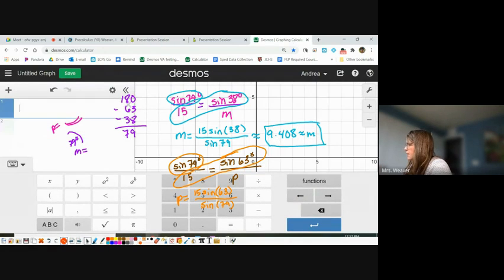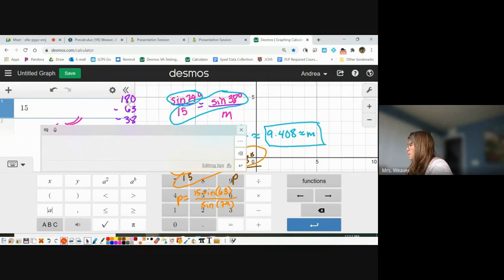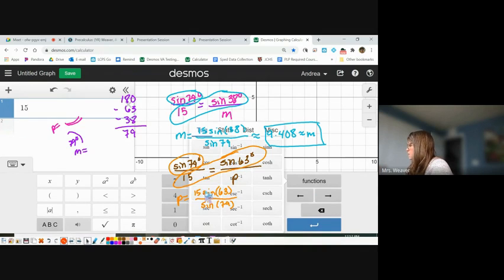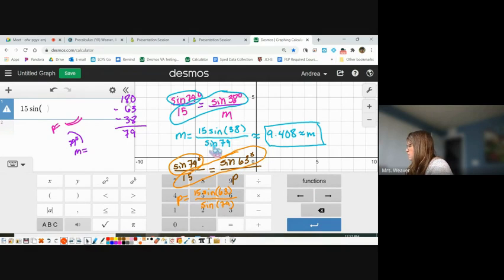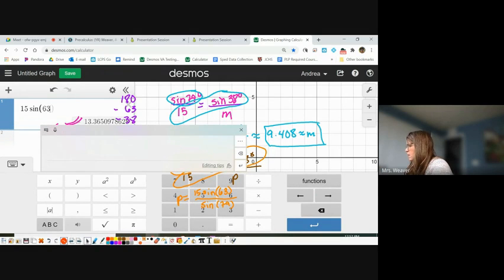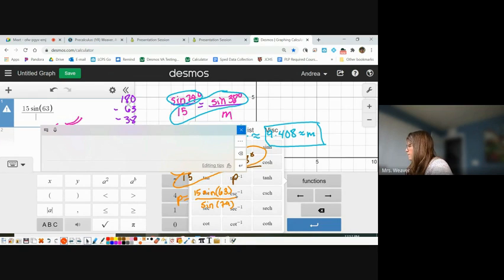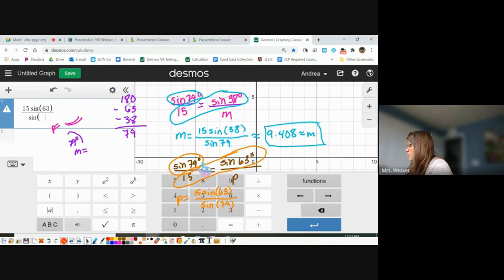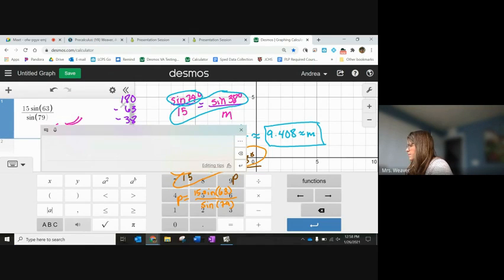Okay, I'm going to X out that one. We're doing 15 sine 63, close that parenthesis, divided by sine 79.